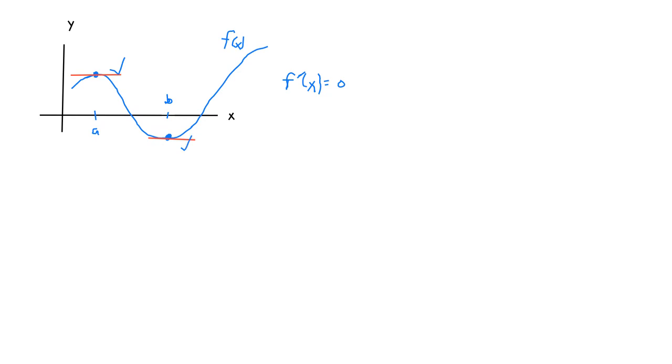So for a maximum or a minimum, I'm not talking at the endpoints now. I'm talking just like where you see it here. You have to have a tangent line, so the slope of a tangent line equals 0. So all the critical points come from solving this equation, f prime of x equals 0. And then if you want to determine other things, you can use the second derivative.